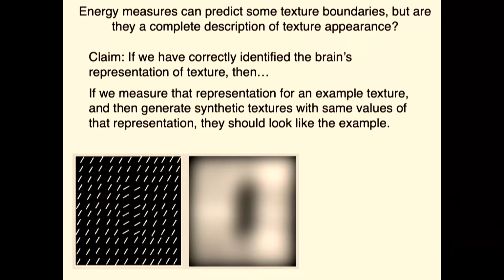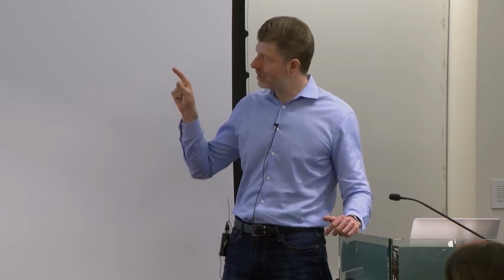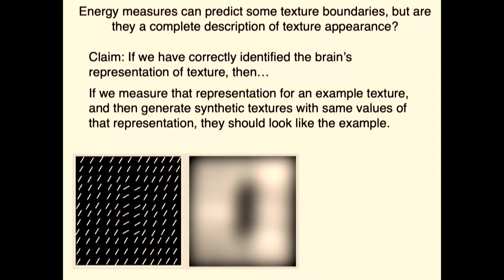The critical idea we discussed is that if we've correctly identified the brain's representation of texture, then if we measure that representation for some example natural texture, and then generate synthetic textures that have the same values of that representation, the synthetic textures should look like the example. They should look like the same type of texture. That's the principle we're working with here.